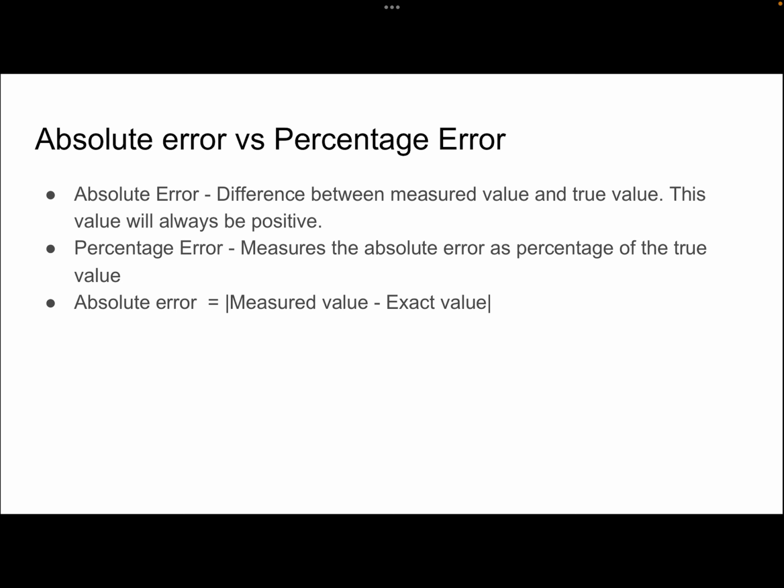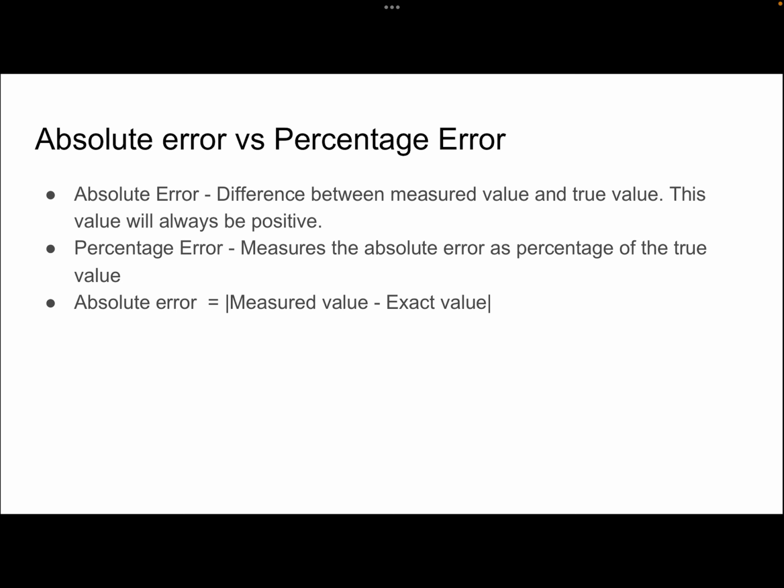Basically, absolute error is just the absolute value of the measured value subtracting the exact value. If you take the exact value and subtract the measured value, it would not make a difference, because the absolute value sign always makes that value a positive number. So whether you do exact minus measured, or measured minus exact, it wouldn't make a difference.